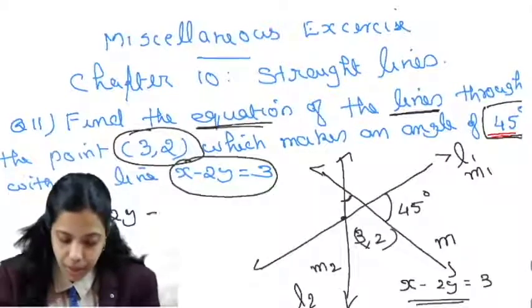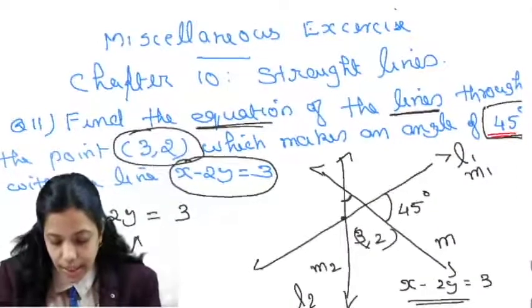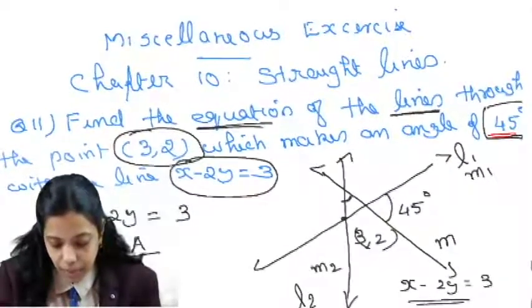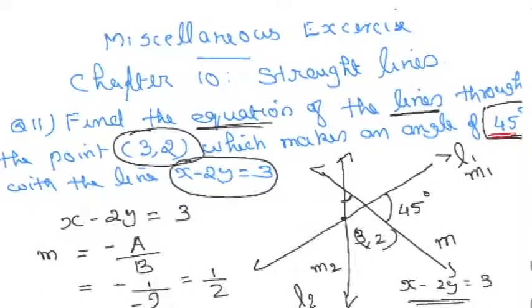We know that the slope m is equal to negative a upon b. From this equation, a is 1 and b is negative 2, so the slope is 1 by 2.